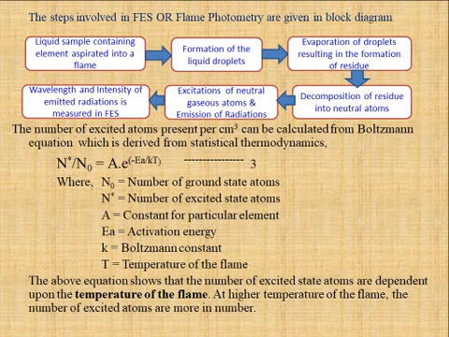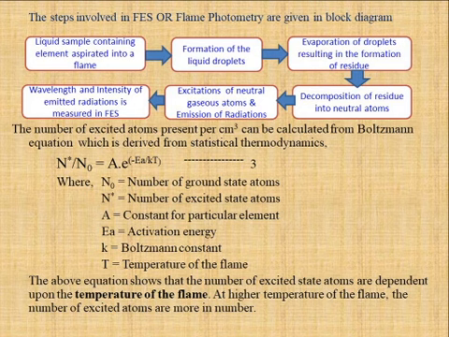It is given by the equation N star divided by N0 is equal to A e raised to minus Ea upon kT, where N star is the number of excited state atoms, N0 is the number of ground state atoms present in the flame, A is a constant for a particular element, it varies with the element, Ea is the activation energy, k is the Boltzmann constant, and T is the temperature of the flame.